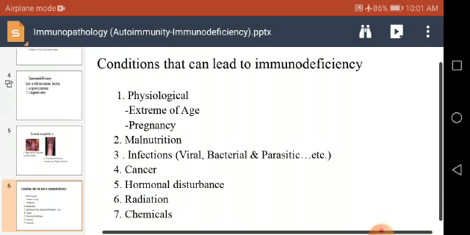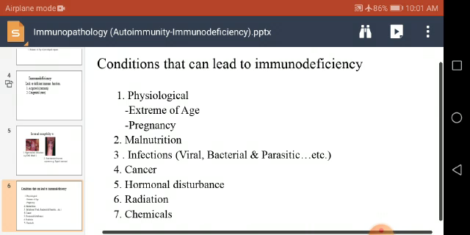Cancer. We know that cancer attacks and destroys and infiltrates many organs and maybe systems of the body, leading to lower immunity. Hormonal disturbances like diabetes mellitus, diabetic people, or uncontrolled diabetes.